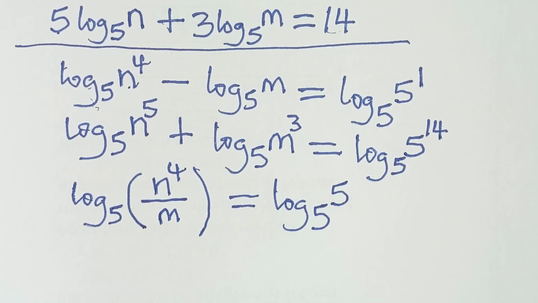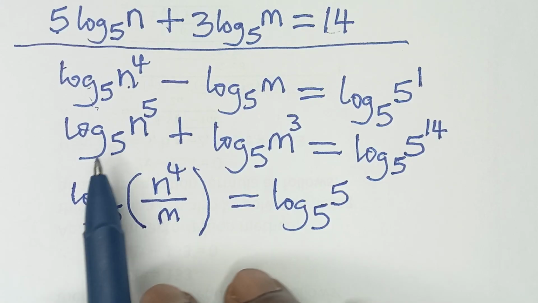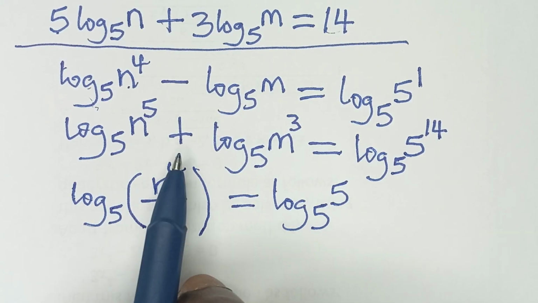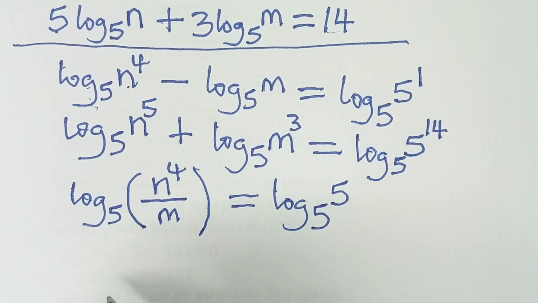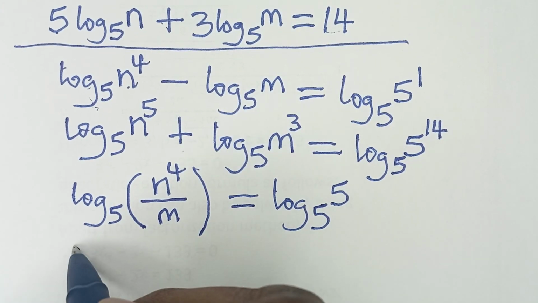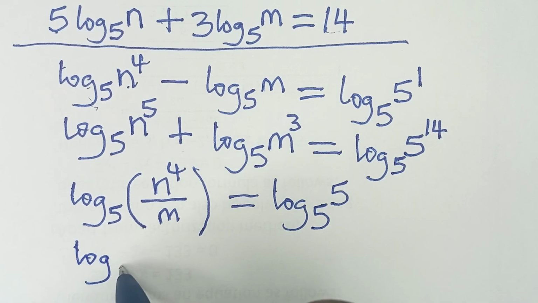So similarly, we can simplify this other one in the same way. But when we have addition, what we do is multiplication according to the theory of logarithm. So this becomes log in base 5.